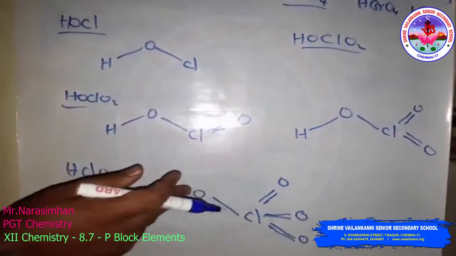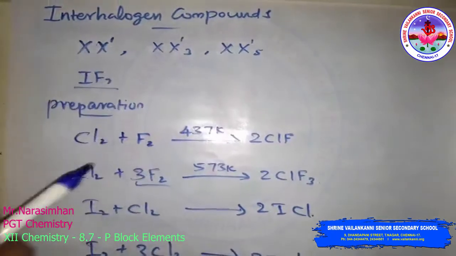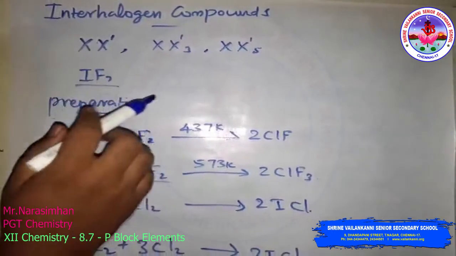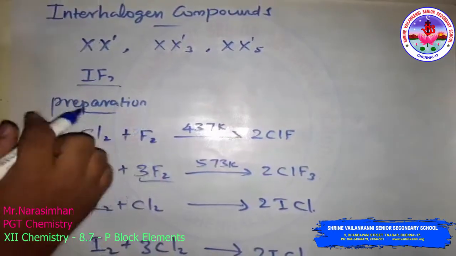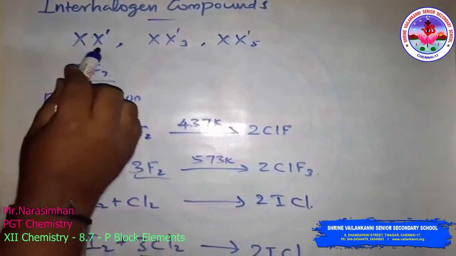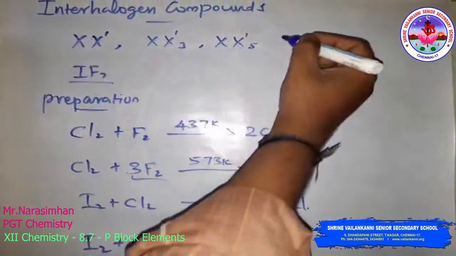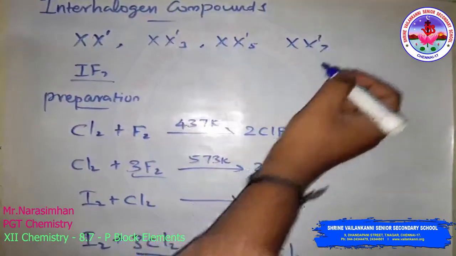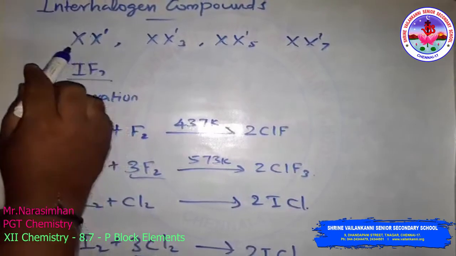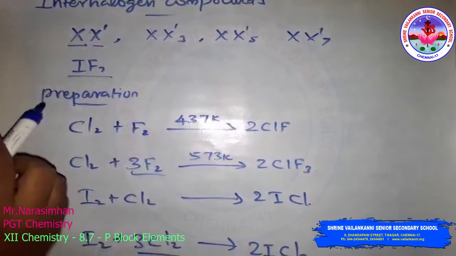Then we will discuss the interhalogen compounds. The interhalogen compounds means two different halogens react with each other. That is called an interhalogen compound. They are assigned as XX', XX'3, XX'5, and XX'7. Here X and X' are halogens, and X is larger in size compared to X'.